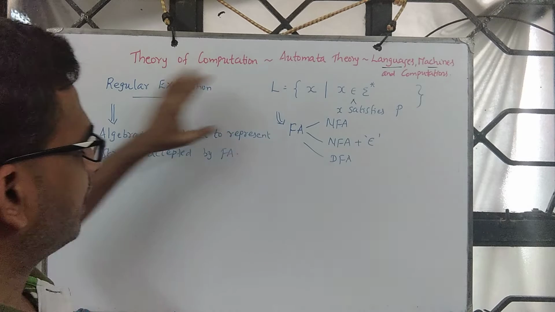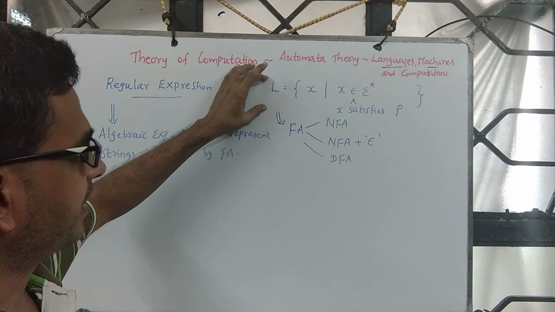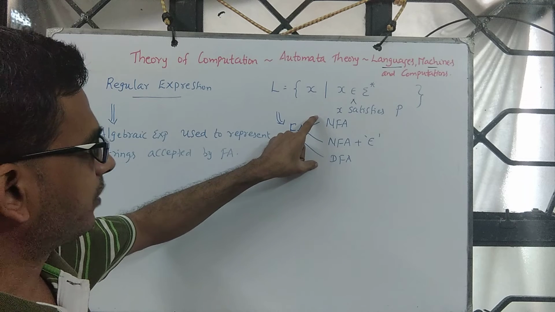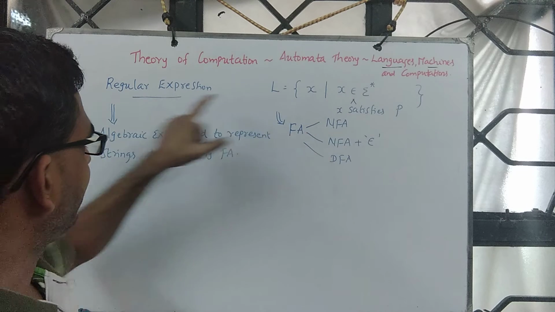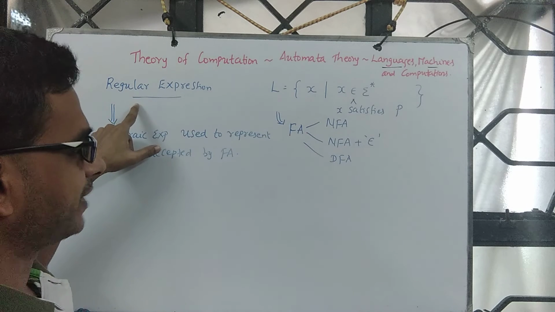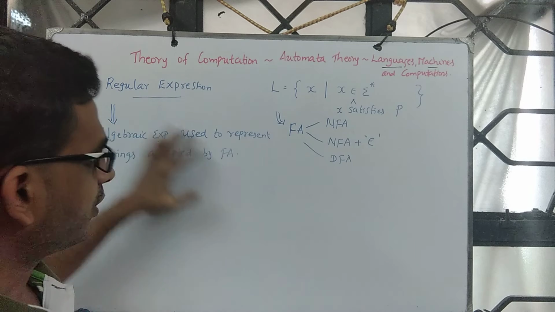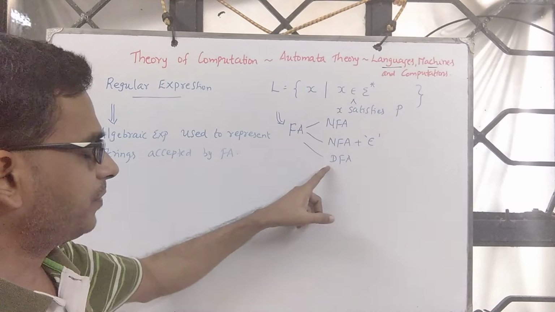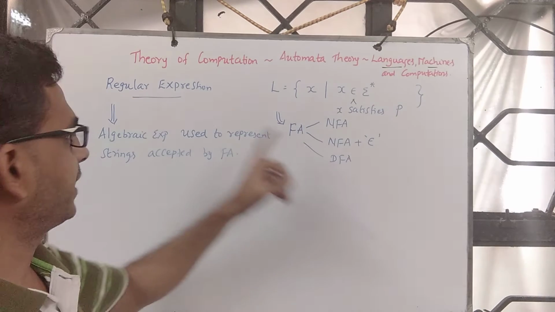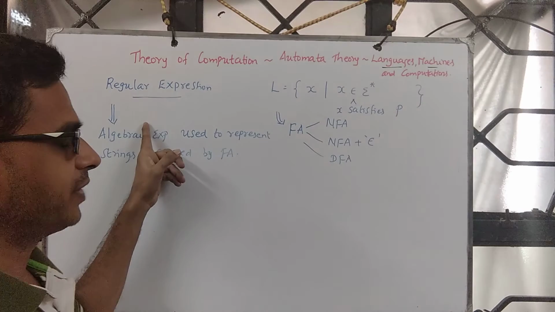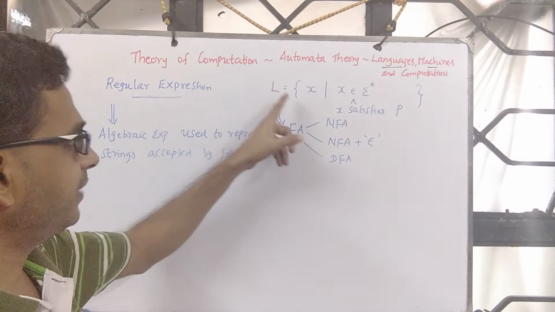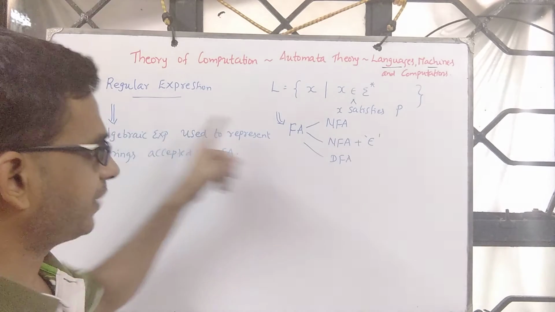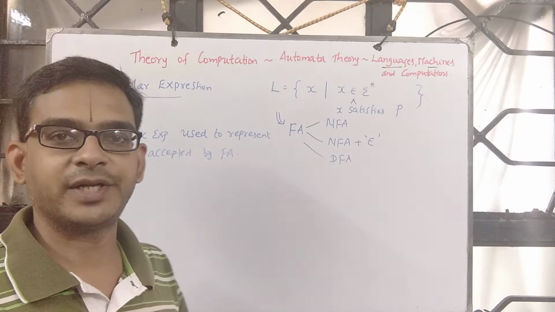So given a language or a set of strings, either you construct a finite automaton or you express them using a regular expression, and they are all equivalent. For a given language, you come up with a finite automaton, then one can come up with an equivalent regular expression. For a given language, we find a regular expression, one can find an equivalent finite automaton.